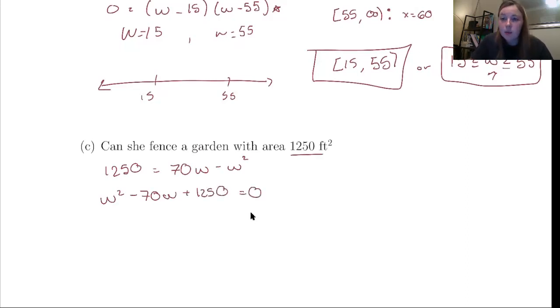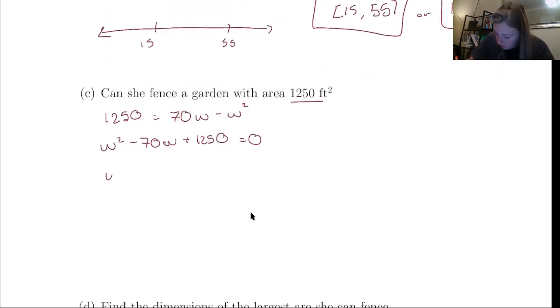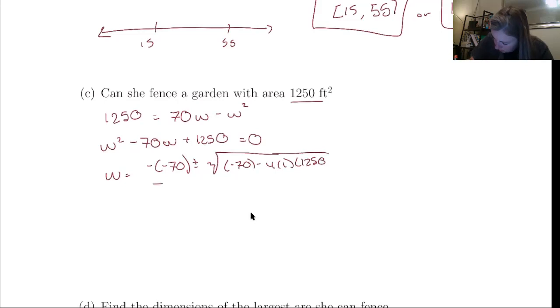Remember how I said if we can't really factor nicely, our best bet is to do the quadratic formula. So we would get W equals negative B plus or minus the square root of B squared minus 4AC, all over 2A. But it asks if she can fence. So this is a yes or no question, not when and how much W could be.